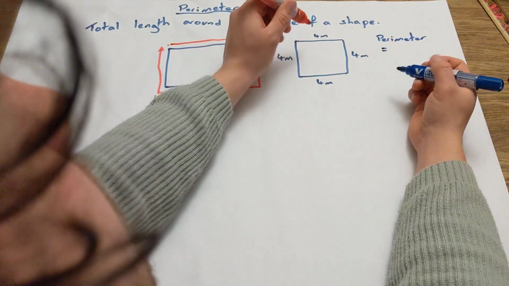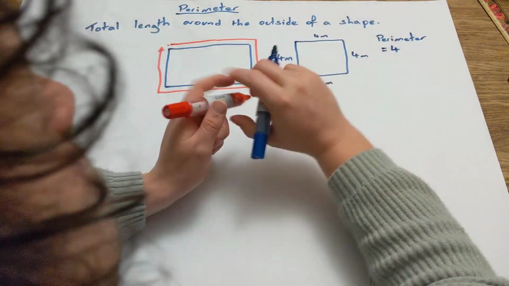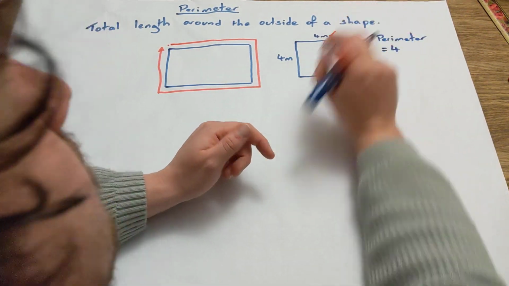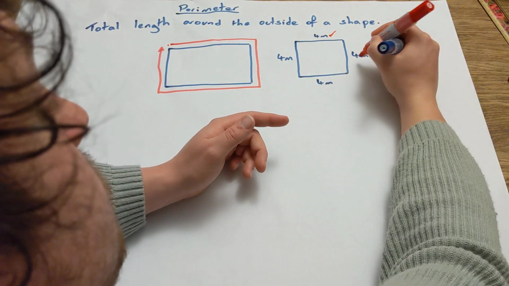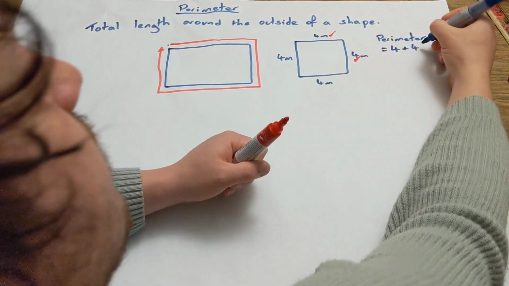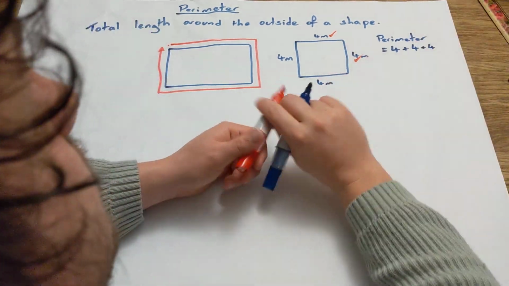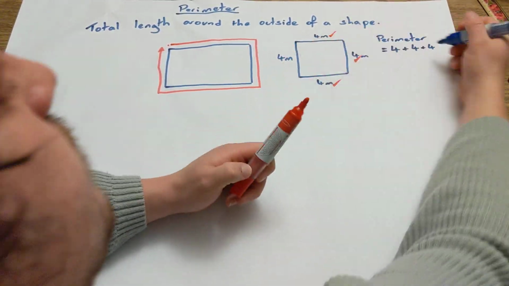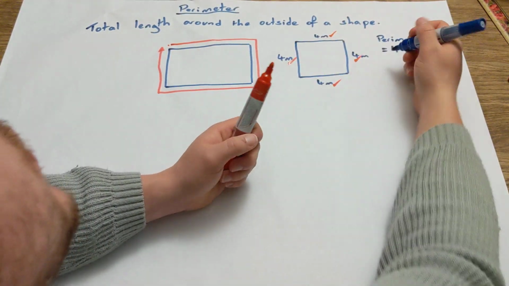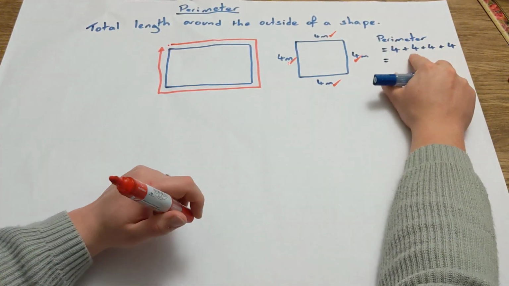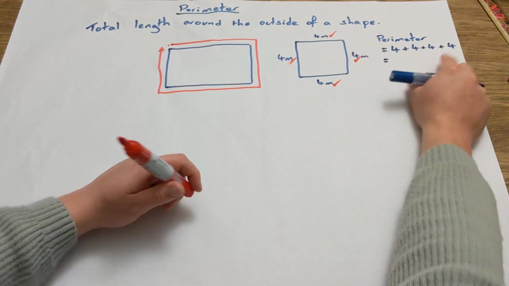So we're going to have 4 from this one, then another 4 from this one, then 4 from here, and 4 from here, okay? So our perimeter then is 4 plus 4 plus 4 plus 4.